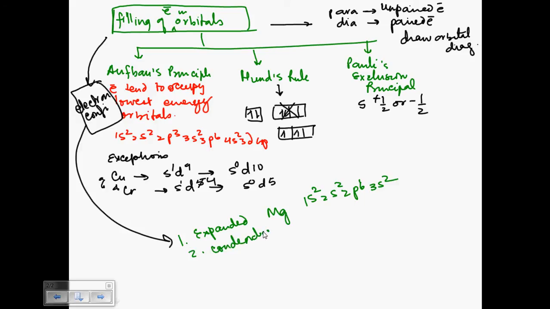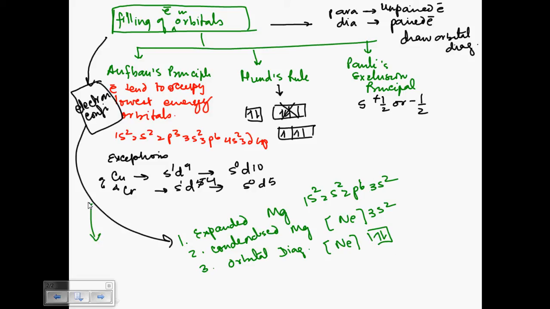Condensed for magnesium will be, you write the noble gas neon, then 3s2. And then there is the orbital diagram. Generally you write the orbital diagram as condensed, so neon, and then you draw 3s as a box and electrons as arrows, so 3s2.